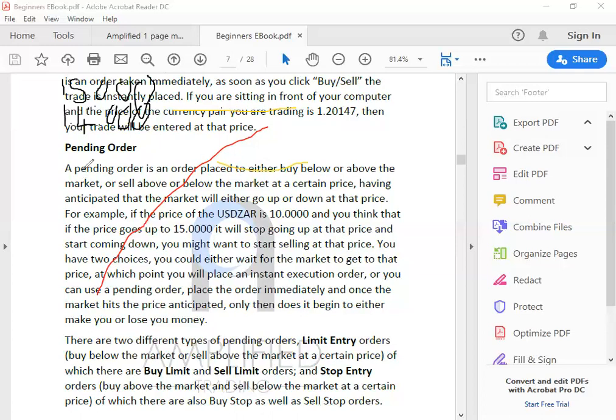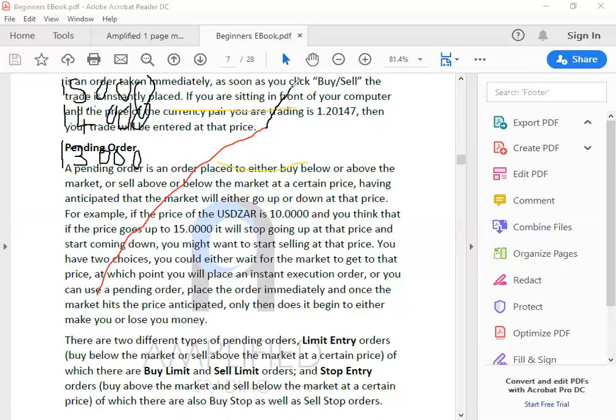And we have 13 Rand over here. I know my drawings are terrible, guys, but I'm just hoping you can make out a bit of it. So we have the price at 14 Rand, right? We believe if the price reaches 14 Rand, it will continue going higher to 15 Rand.